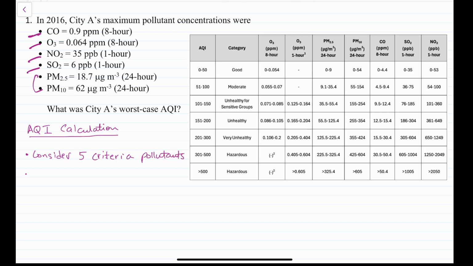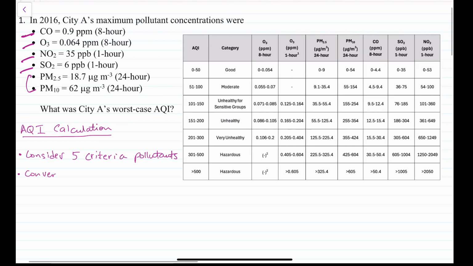And then we convert the ambient concentration. So these are ambient concentrations that are given to us here. We convert these ambient concentrations into the AQI values by interpolating the numbers in this table.